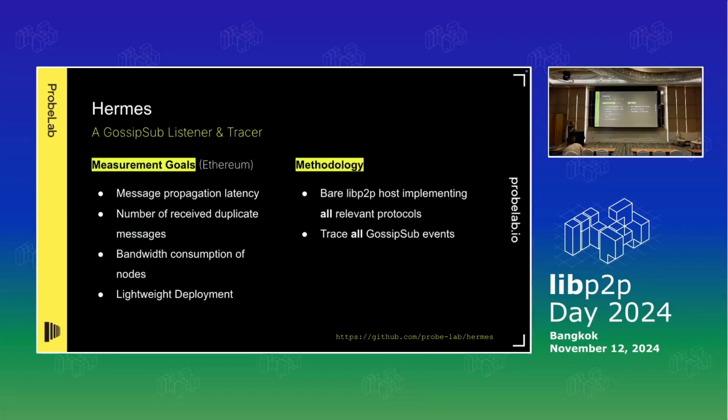We measure message propagation latency in gossipsub networks, number of messages received, duplicate messages in general, and the bandwidth consumption as well, but this has a little asterisk to it. And what we wanted to have as well is a lightweight deployment. So we didn't want to deploy multiple full nodes of Ethereum to the network.